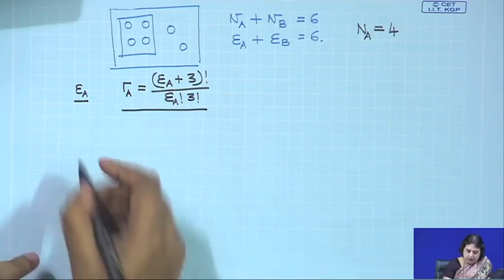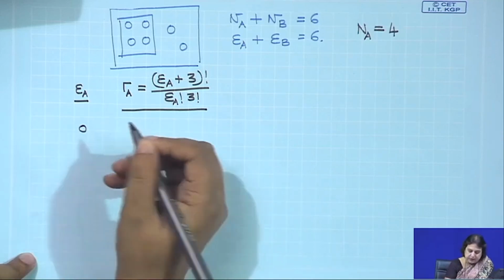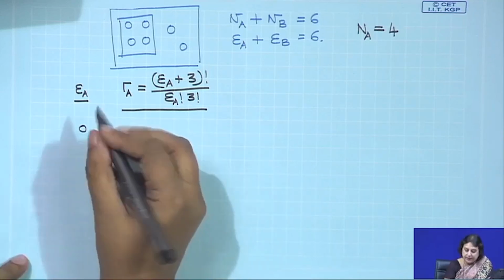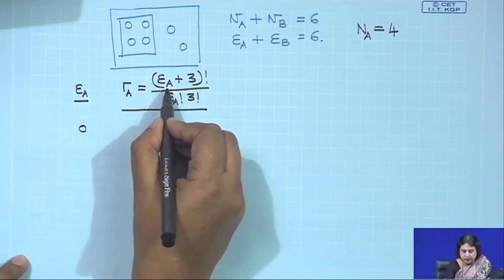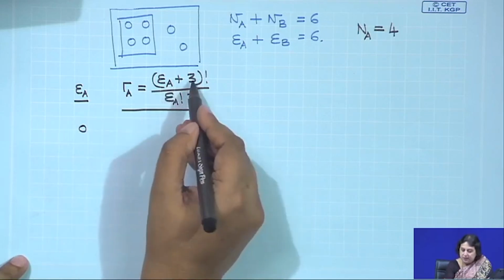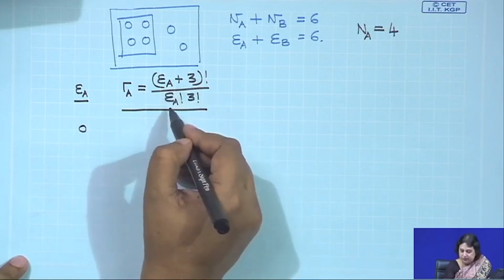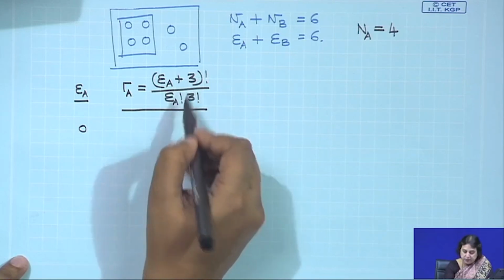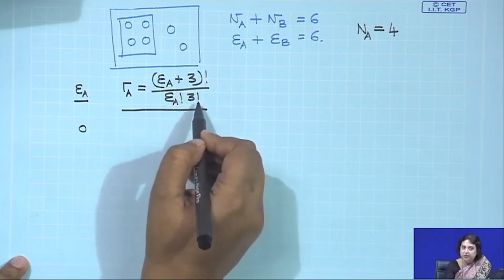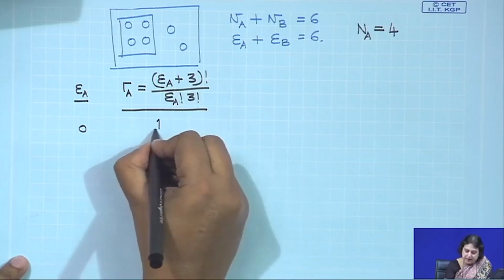Clear? Now, when epsilon A is equal to 0, what is gamma A? I put epsilon A equal to 0, that gives me 3 factorial divided by 0 factorial into 3 factorial. Obviously, the answer is 1.